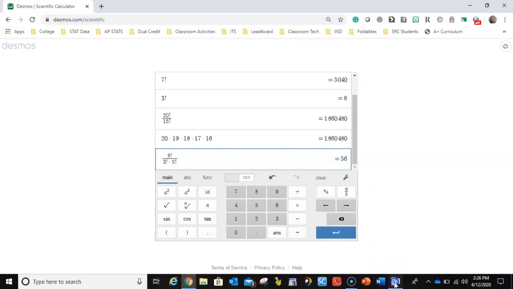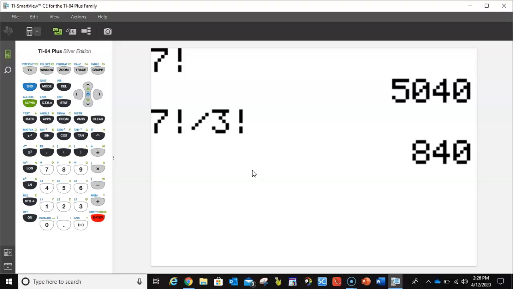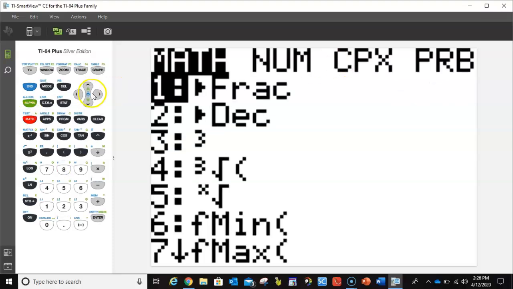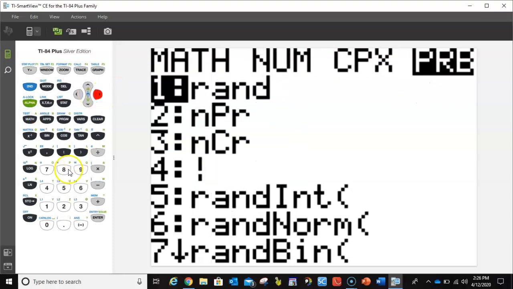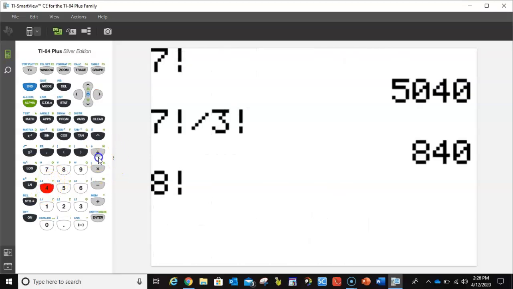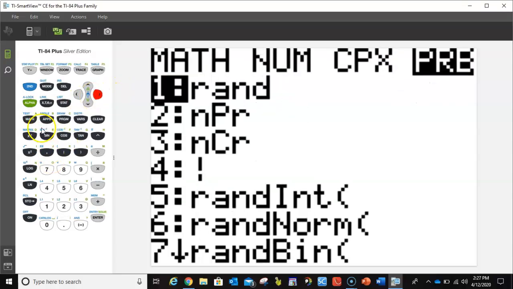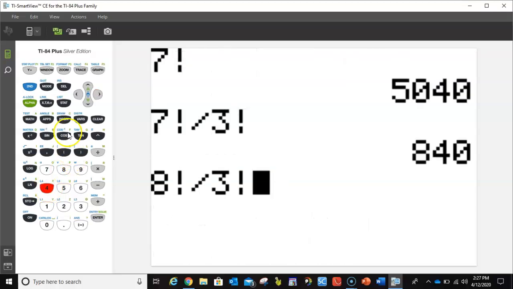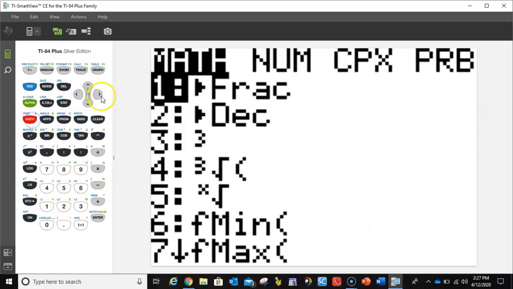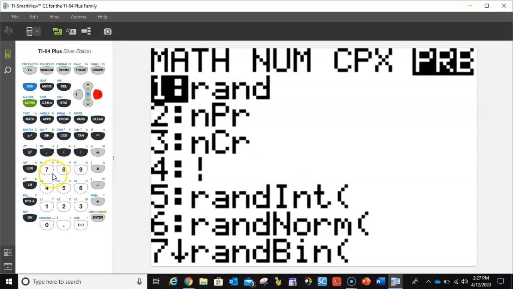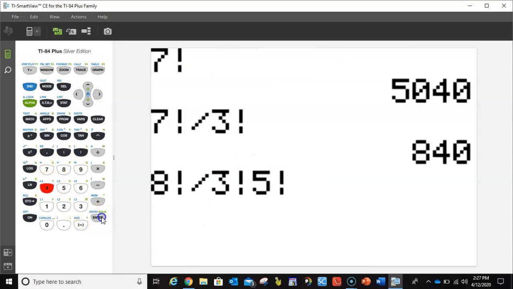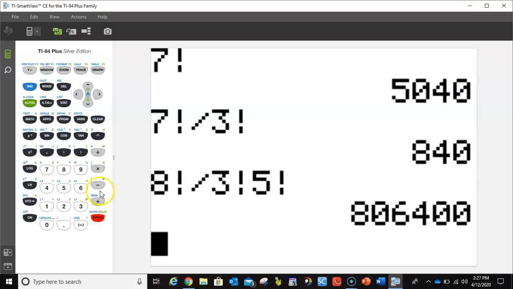And the other thing we can also look at is the proper way in which to enter it into the calculator, because if I type in, let me show you here, 8 factorial divided by 3 factorial and then 5 factorial, if I don't use parentheses, then it will give me a much larger number than I would expect.